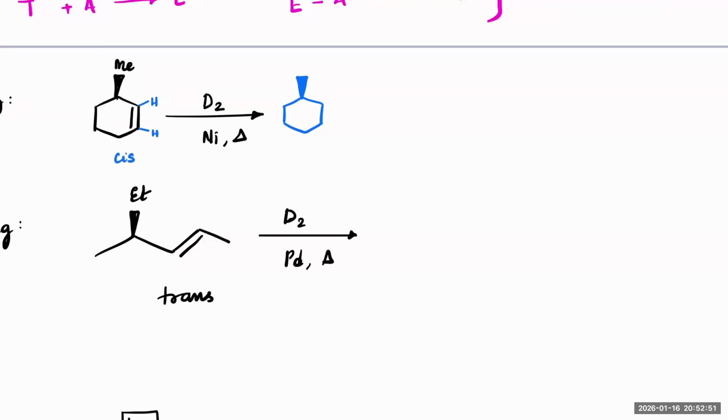And when deuterium gets added, if these hydrogens are coming out of the plane, then both the deuteriums must have been added inside the plane, like this. Or I can do the reverse also. That means keeping the deuteriums at a different position here, like this. I can say that deuteriums are added here and hydrogens are present here.